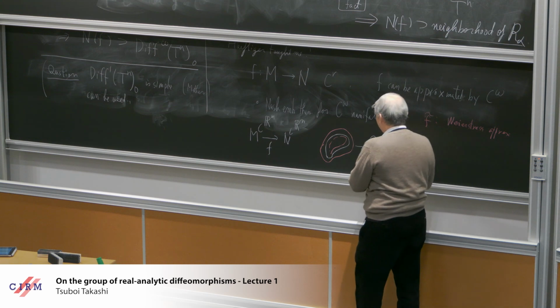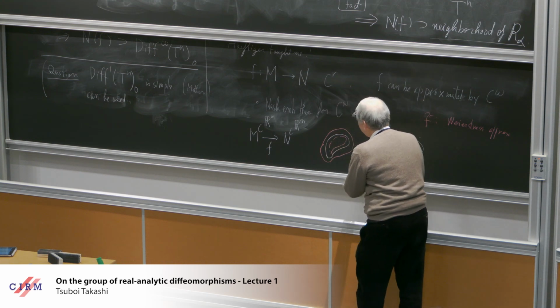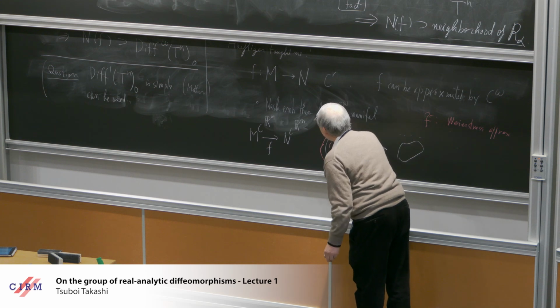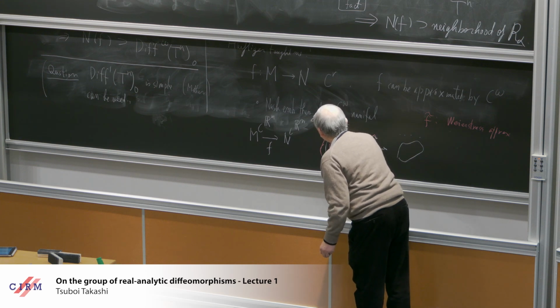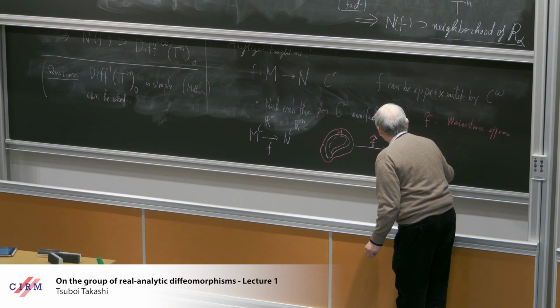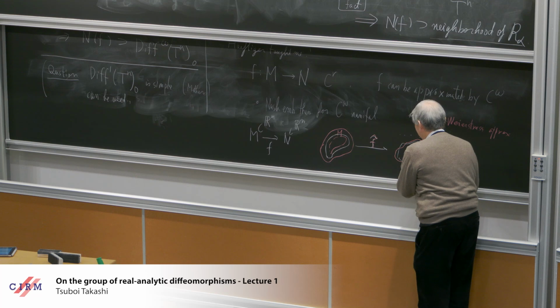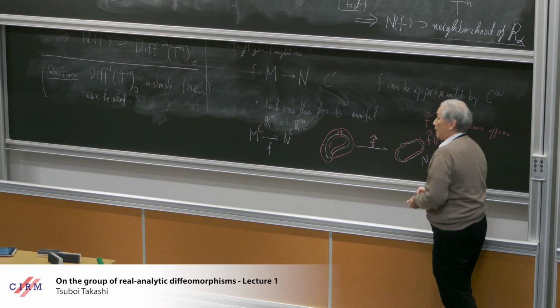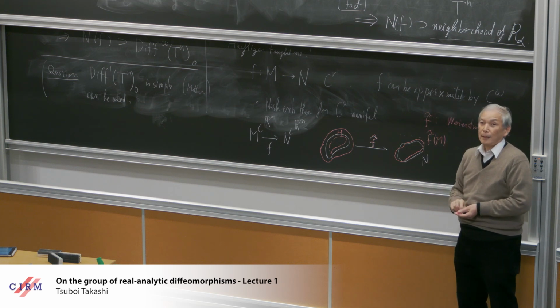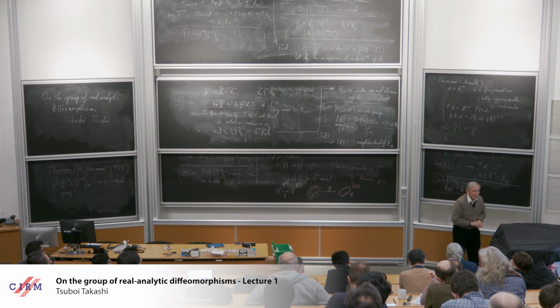But with this F tilde, the image of this M, there was M, would be a little different from the original N. But here, the Nash embedding theorem is a real-analytic embedding.